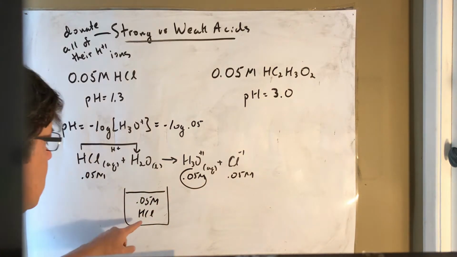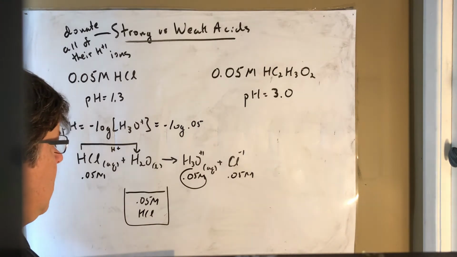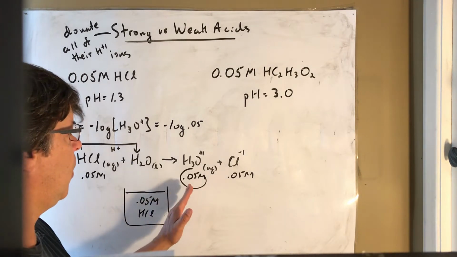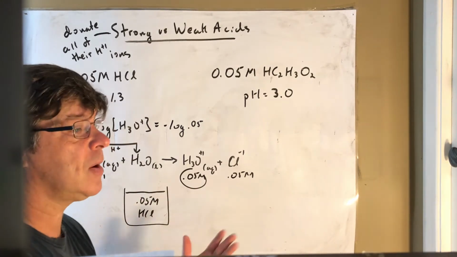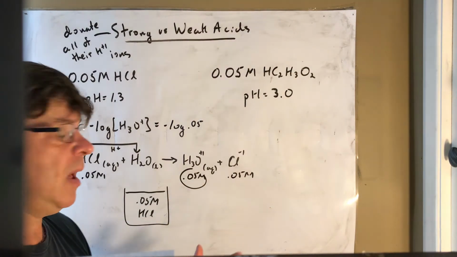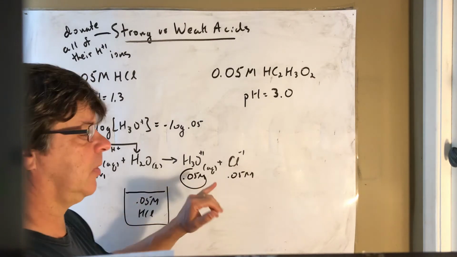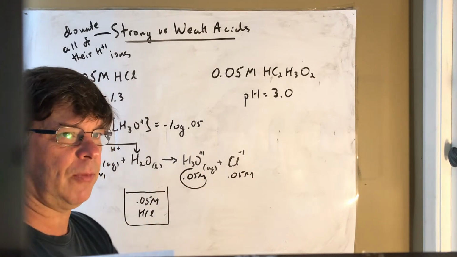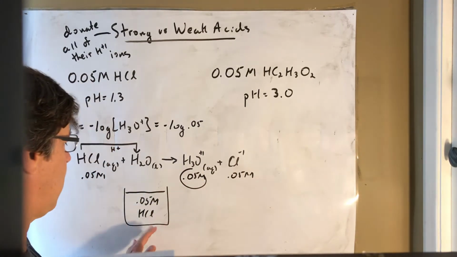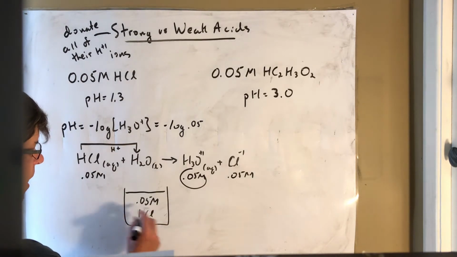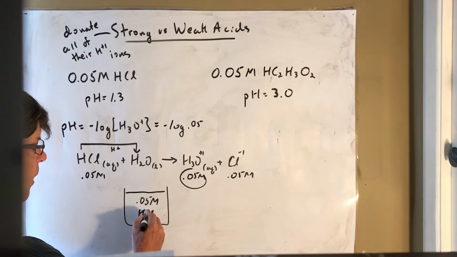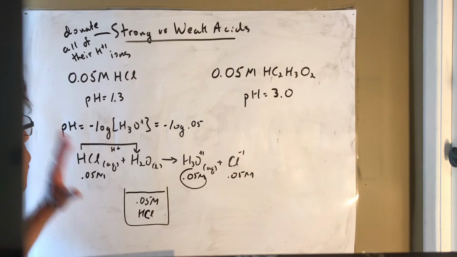There are no HCl molecules in there. There's a lot of water, there's hydronium ions and chloride ions, and also some hydroxide ions. Remember, the concentration of hydronium times the concentration of hydroxide is 1 times 10 to the negative 14th. There's not going to be a lot of hydroxide. So the label's a little deceiving, but it's a strong acid.